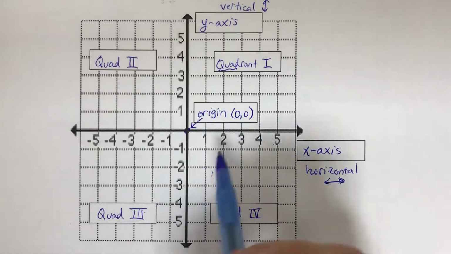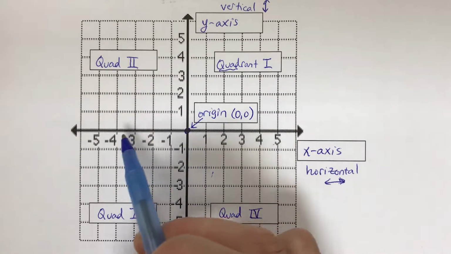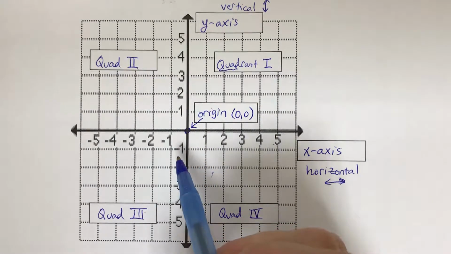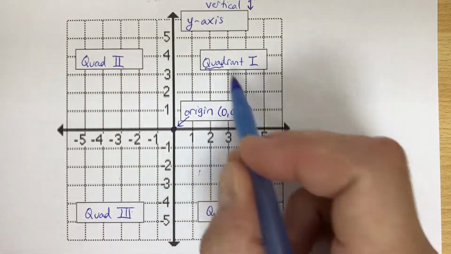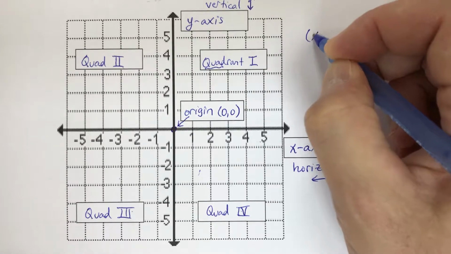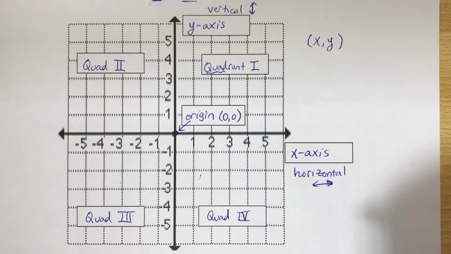Now, this is kind of like a map. And what's really important is that when everybody looks at the same map, they understand how to move to get to a location. So what we've done is we have defined each position on the map with 2 numbers. The first number is always the x, and the second number is the y.